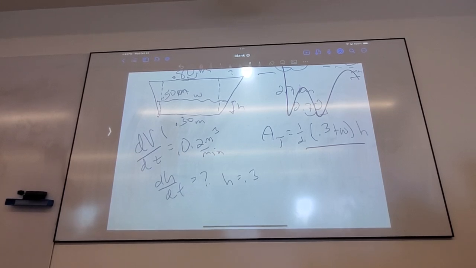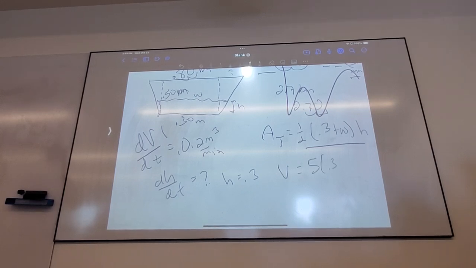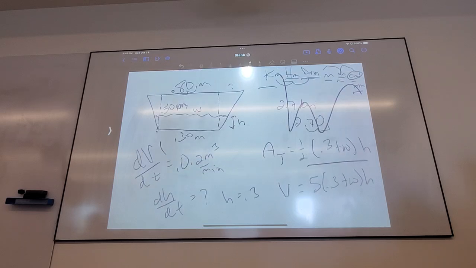Okay. So then the volume would be all this business times 10. Is that cool? Half of 10 is 5, so I'm just going to do this. 0.3. So now if I just find a relationship between W and H, and this is where I made a linear relationship, and like I said, you could do the right triangle if you want.